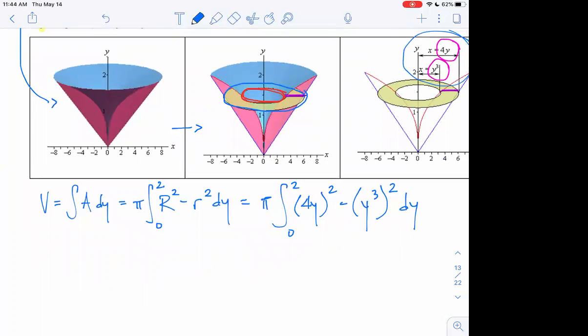All right, let me give you a few moments to distribute here, start to find your antiderivative, maybe even plug in your bounds, all right?